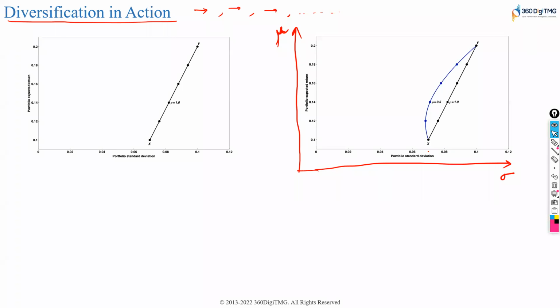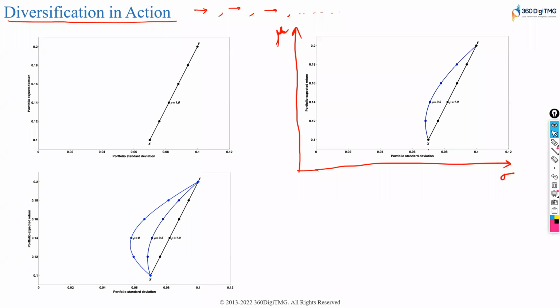It's not the same, risk has come down. If rho equal to 0, that means if you're choosing two assets which are completely uncorrelated, the risk is reducing on this x-axis. If you see, the risk is coming down.